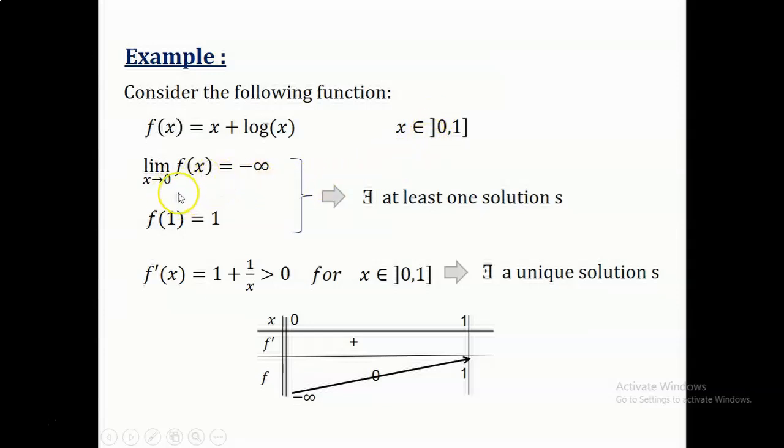The limit as x tends towards 0 of f(x) is minus infinity, and f(1) equals 1. Then there exists at least one solution in this interval. Now let's calculate the derivative f'(x). The derivative of x is 1, the derivative of log x is 1 over x. The log here is the Neperian logarithm.